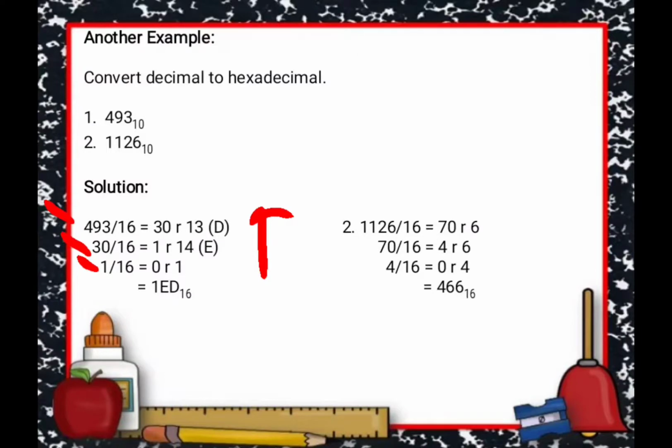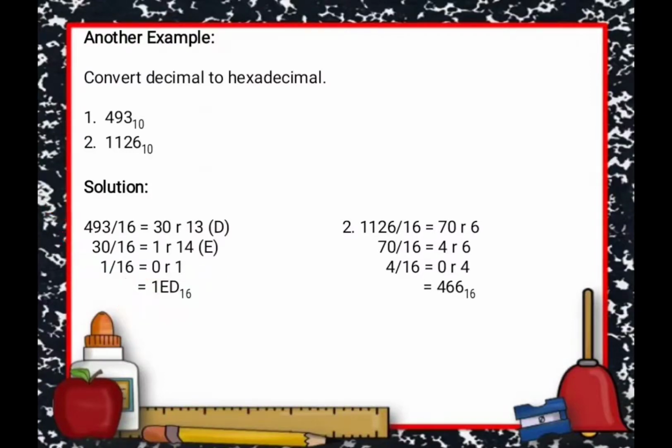Since the conversion of 13 to the hexadecimal digit is letter D, we write down letter D. So our answer is 1ED hexadecimal. We put the base 16 here as the base for the hexadecimal number. Did you understand, class?